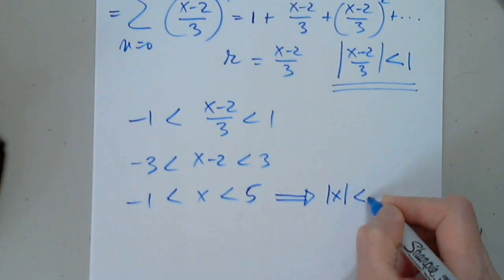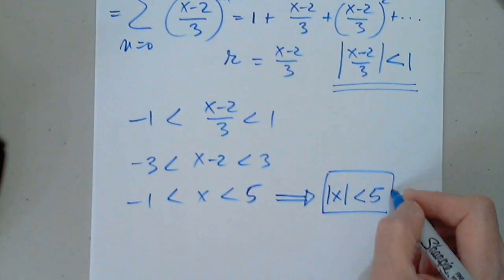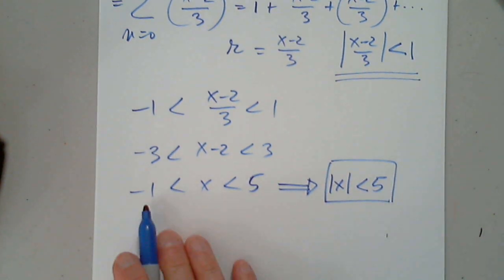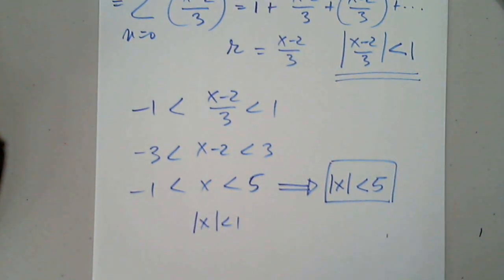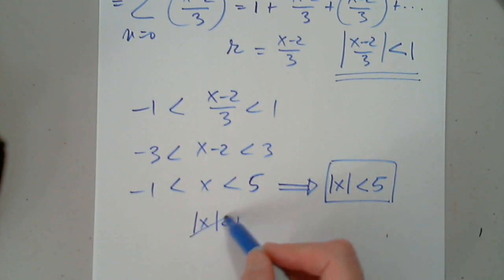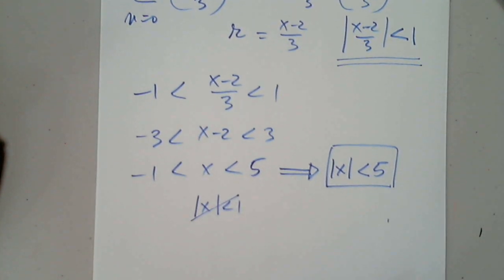The absolute value of x has to be less than 5. If we consider less than 1, we are missing possibilities for x, so that will not work. Okay, so the absolute value of x has to be less than 5.